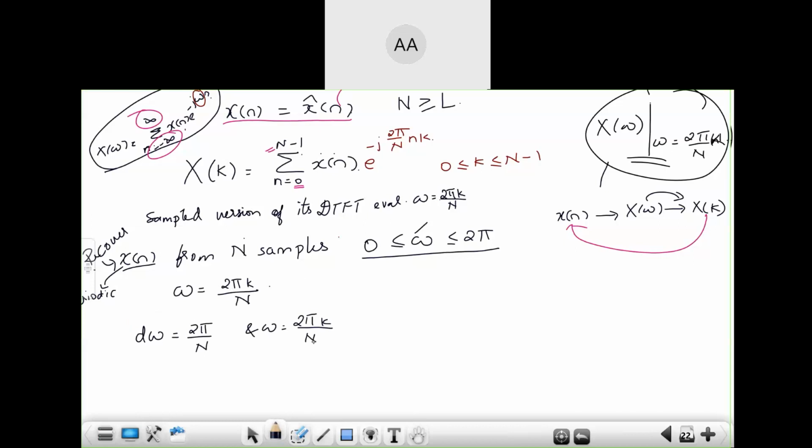We'll use it in your x of n equation. Recall your x of n, your inverse value. X of n, how do you do it?